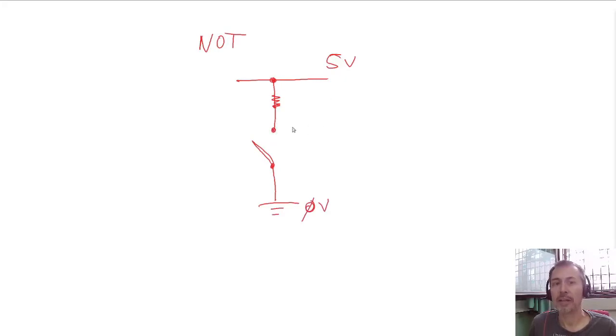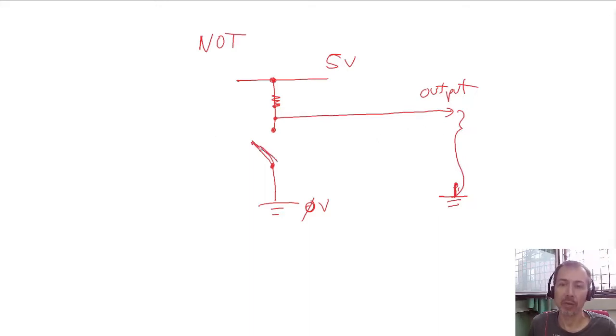Our output signal will be this one from here. Remember that we measure the output as the difference of voltage between the output and the ground. So if this switch is open, the voltage here will be 5 volts because we don't have current between this point and this point, and this will be the same as measuring the voltage here.